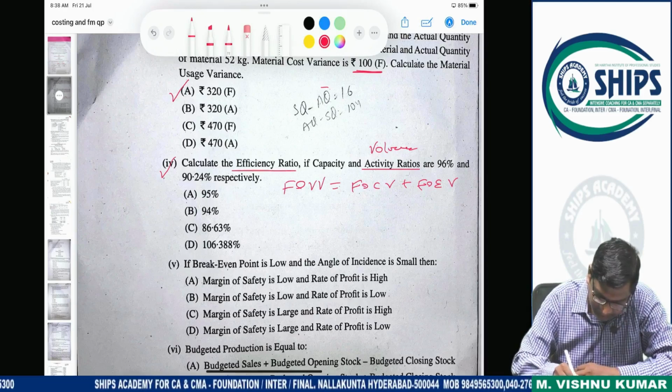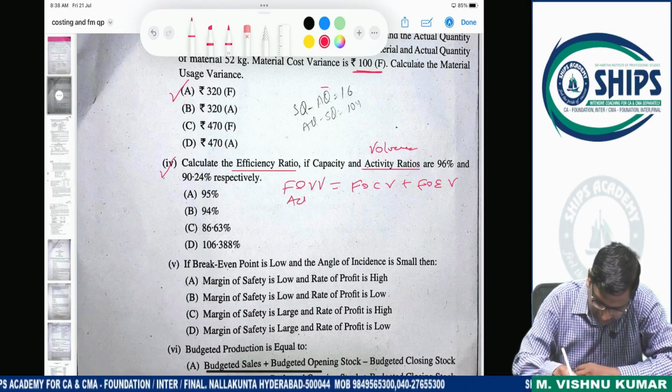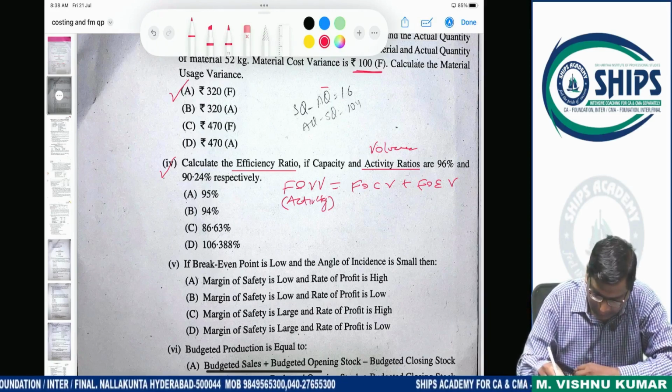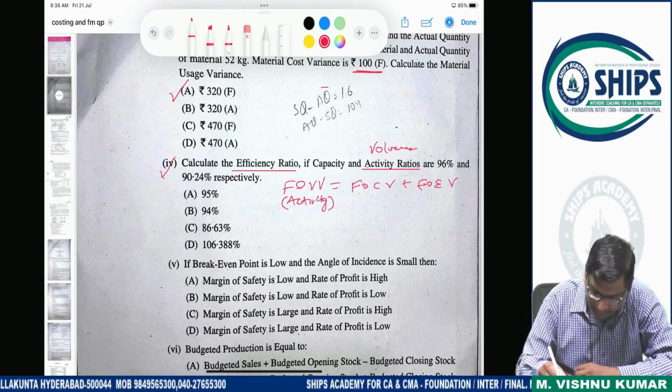If capacity and activity ratios are 96%, so this is activity, volume variance is activity. Through this we have to calculate. Very simple. In variance analysis, this will be plus. Now in control ratios, this will be what?